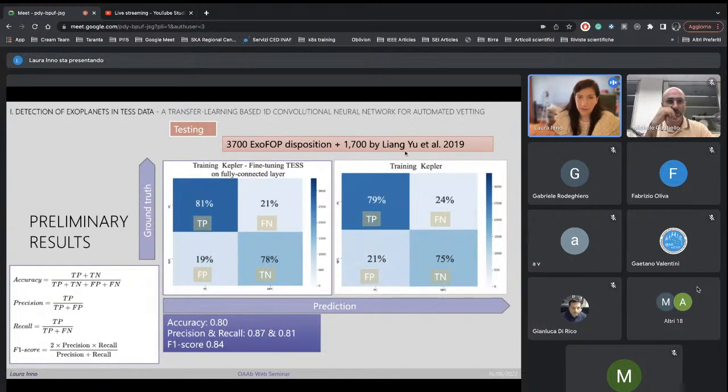And this is a comparison with what we think is our best model, which is a net trained on Kepler and then completely frozen, and then only the final fully connected layer was trained on TESS data. We get a typical accuracy of 80%, but more importantly, precision and recall, which are defined here, around 87 and 81%, with a final F1 score, a metric that combines precision and recall, of 0.84.